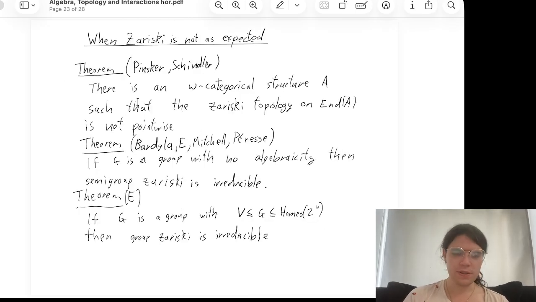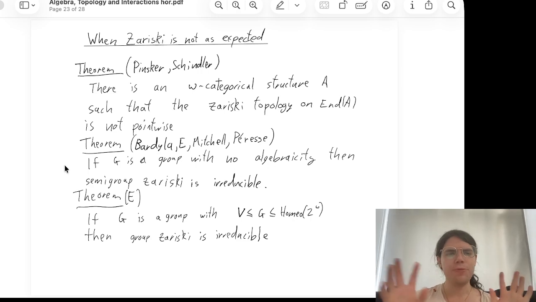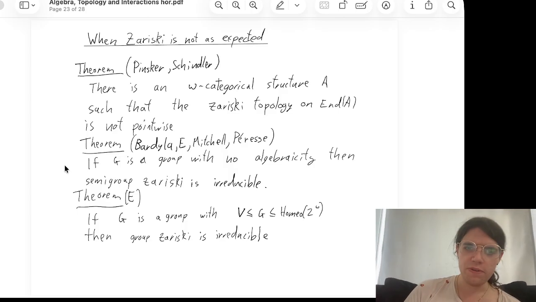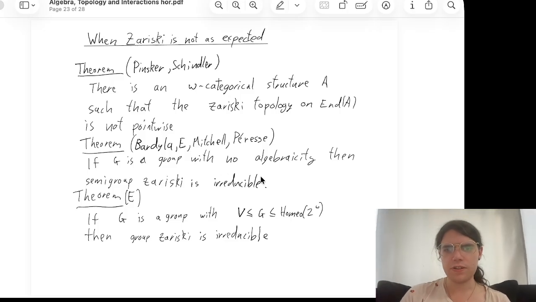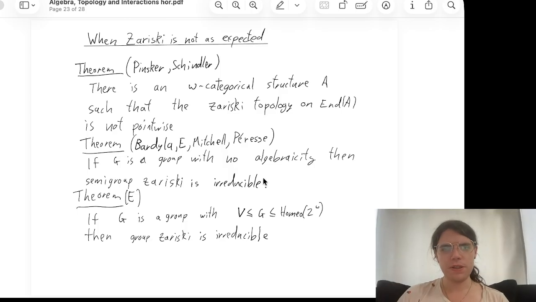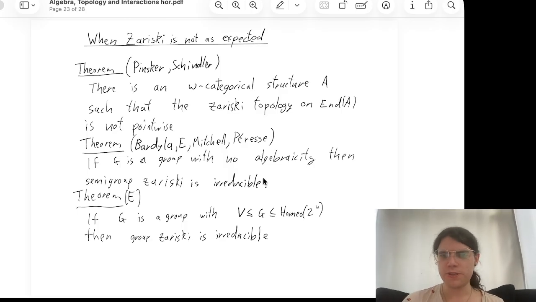There was also an assumption about no algebraicity. There's a theorem which says that if you take any group with no algebraicity, then the semigroup Zariski topology is irreducible, which is very far away from being Hausdorff. So this says that the intersection of any two non-empty open sets is non-empty, or equivalently, all non-empty open sets are dense.